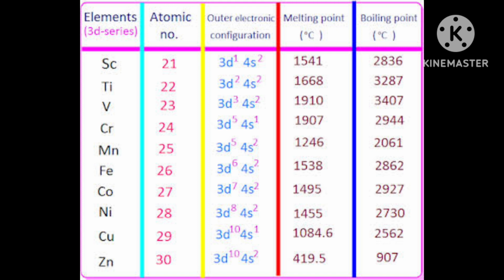Then I have told you about the actinium series or actinide series, and the lanthanum series or lanthanide series. Okay. Now I want to tell you about the physical properties of transition elements.